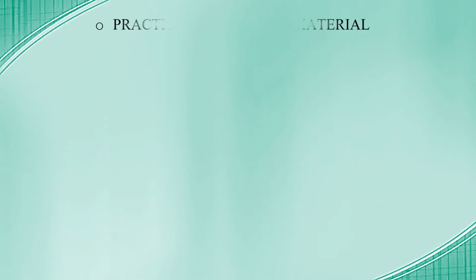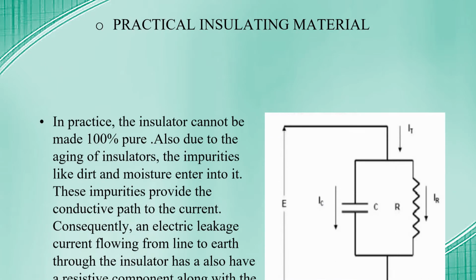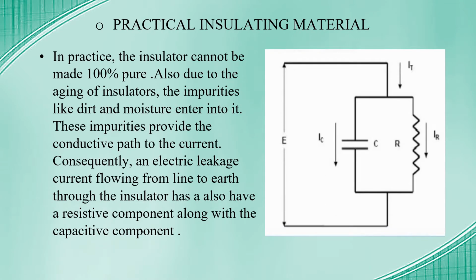But practically no insulating material is 100% pure. There will always be some kind of impurity in an insulating material. Also, with aging of the insulator, impurities like dust and moisture enter into it.